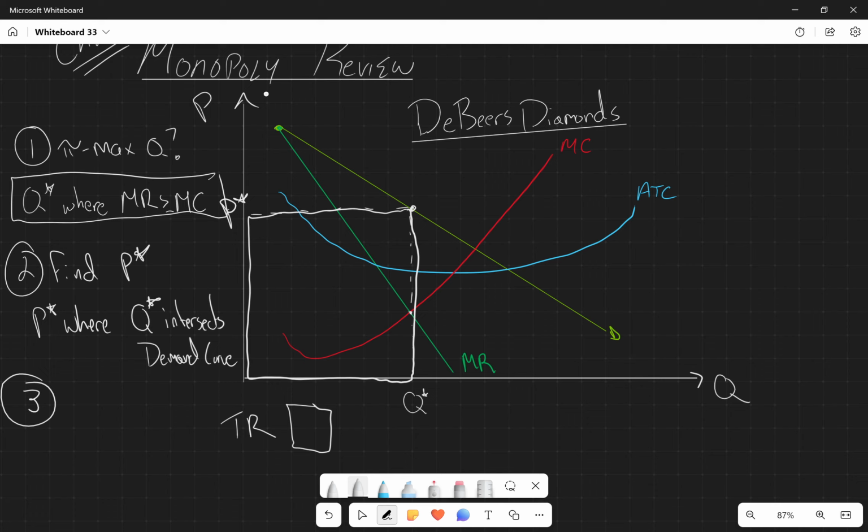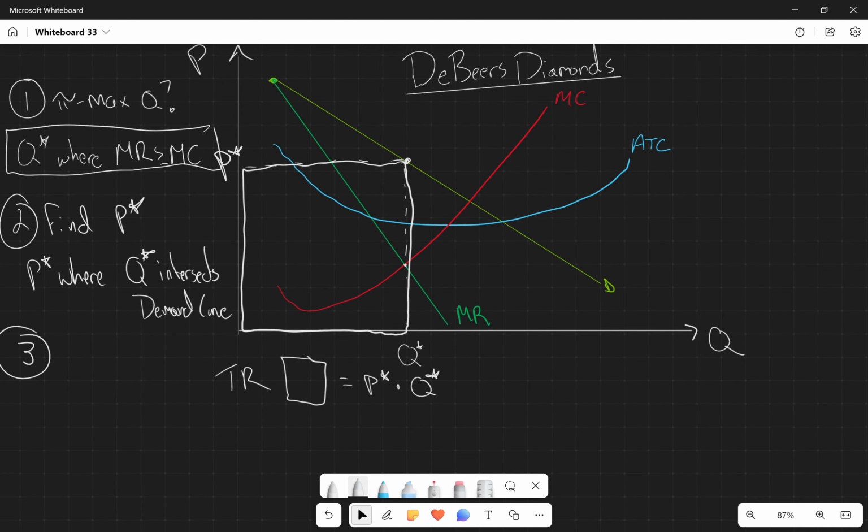Total revenue is going to be equal to the price times the quantity, P star times Q star. And so again, just for the sake of example here, we'll use some nice easy numbers. Let's say this is at $10, and let's say this is at 1,000. So this is 10 times 1,000. It's going to give me $10,000 of total revenue.